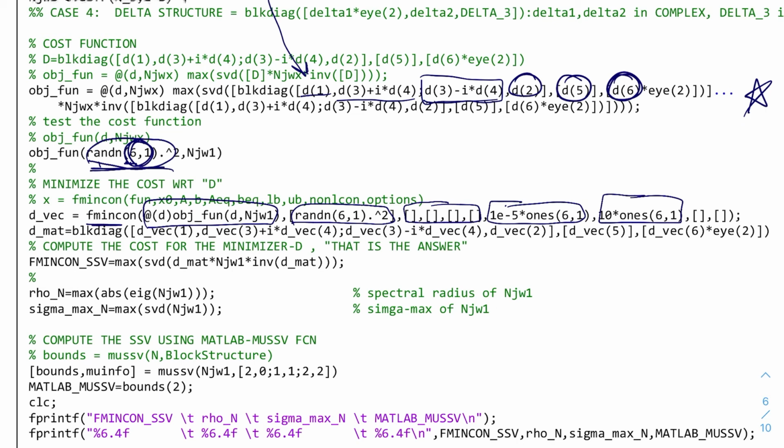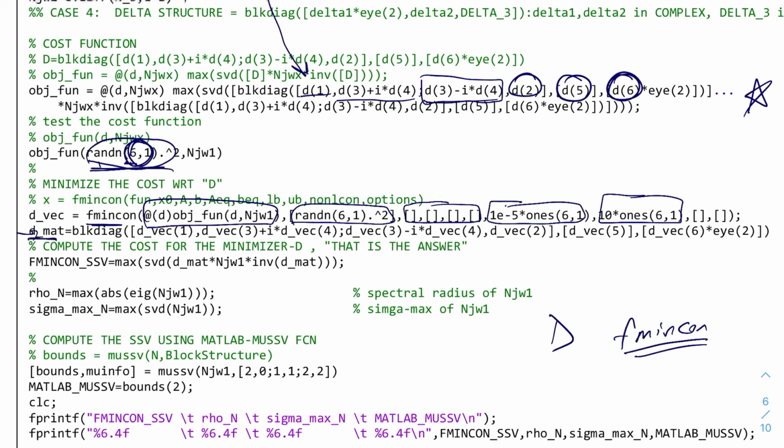We arranged the terms, we parameterized our d matrices such that it was in a form suitable to use with the FMINCON function.